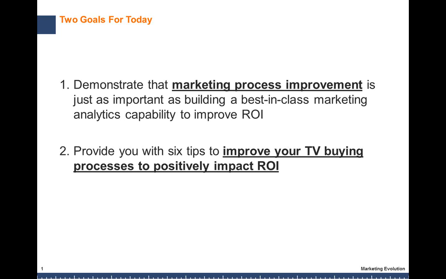The first thing that is really near and dear to many of us at Marketing Evolution is this understanding and belief that in today's marketing analytics environment, it's really marketing process improvements that are just as important as building a best-in-class marketing analytics system. And in order to really improve marketing ROI, it's almost impossible to have one without the other.